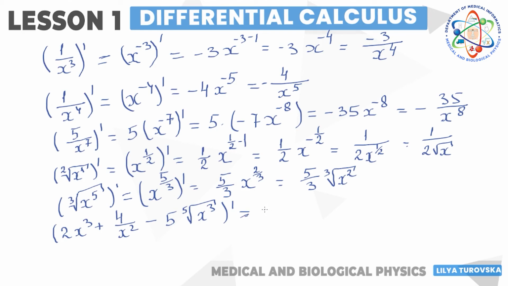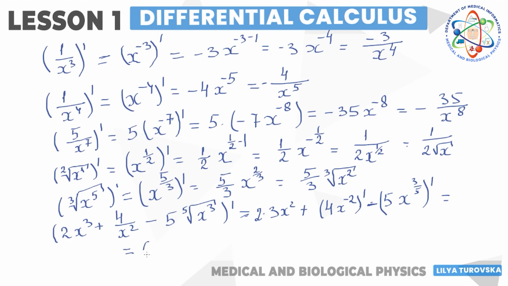The derivative of 2x cubed: the derivative of x cubed is 3x squared, times 2. Plus, here we need to rewrite this function. We will get the derivative of 4x to the minus 2. And this we can write, minus 5, and we will get x to the 3 over 5 power.